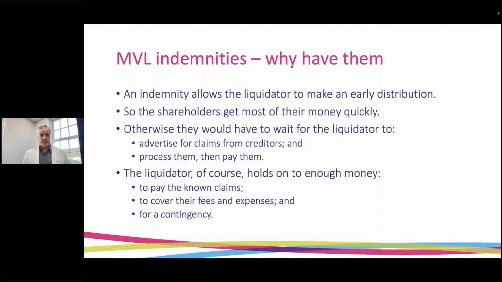If it were not for the indemnity, then the liquidator would be likely to follow the statutory procedure, which would mean advertising for claims for creditors, waiting for those claims to come in, followed by further time to process them and pay them before the shareholders could get their money. Now, of course, even when there is an indemnity and you're making an early immediate distribution, you would normally want to hold on to enough money to pay those creditors' claims that you know you're going to have to pay from the liquidation, to cover your own fees and expenses, and in many cases also as a contingency.